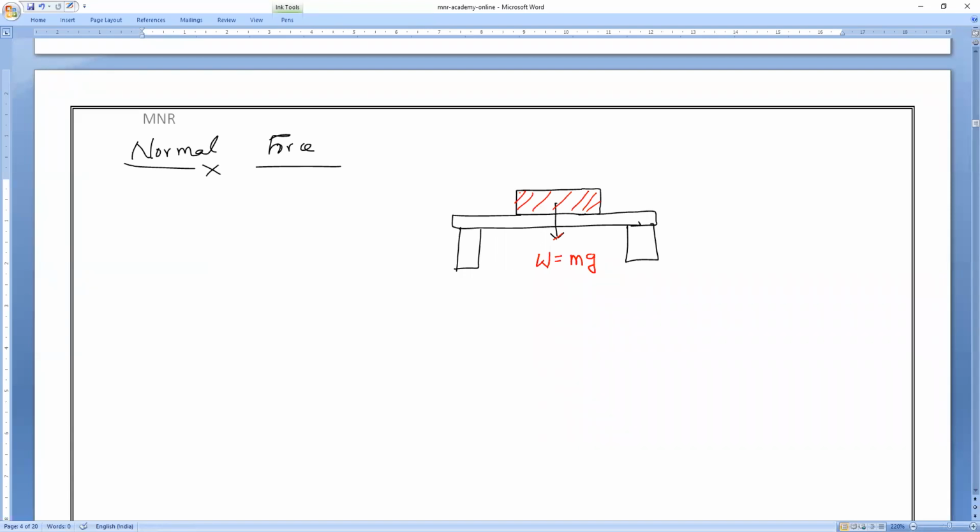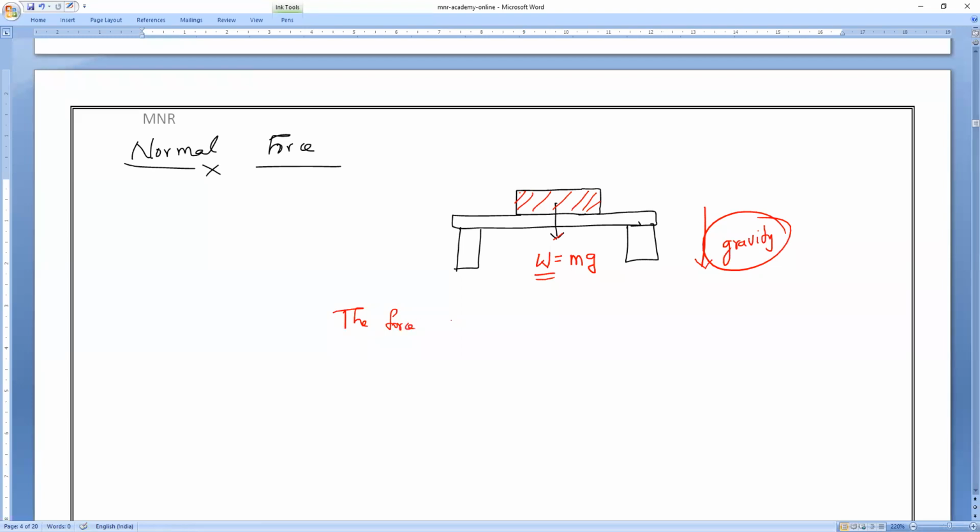Yes or no? All of you? Yes, sir. So the force acting on the block is the force due to what, guys? The force acting on the block due to gravity, which is equal to the weight of the block. Am I right? So if you want, you can write the statement also.